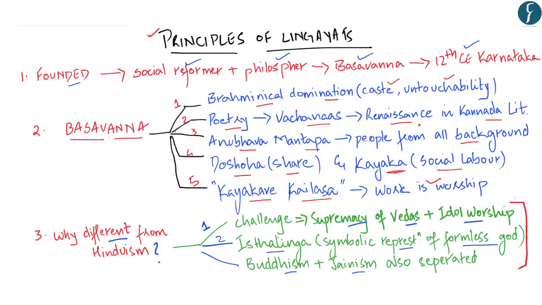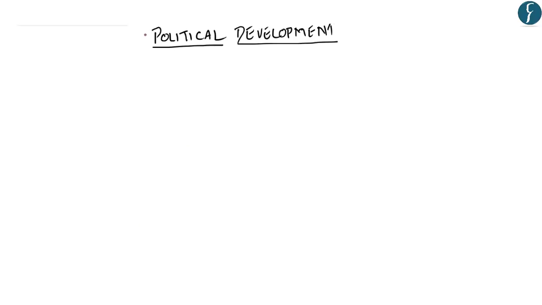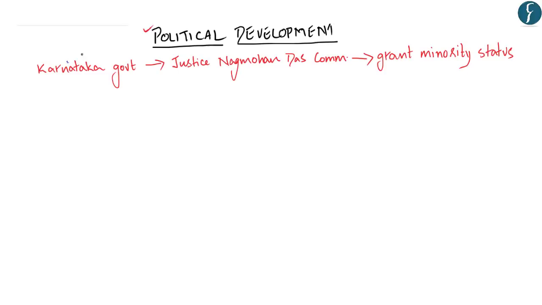Let us now see how this issue of separate religion for the Lingayats has developed on the political front. Now, the Karnataka government had appointed a committee headed by Justice Nagmohan Das to look into the demands of the Lingayats for a separate religion.